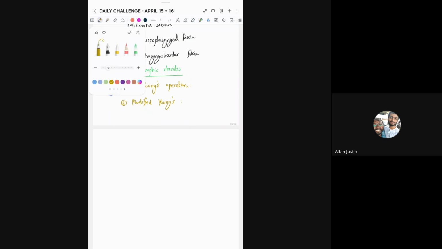In Young's operation you do a complete closure, whereas in modified, you do a partial closure. These are the surgeries done.